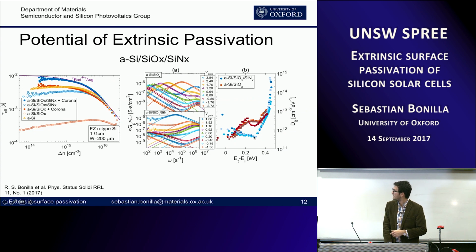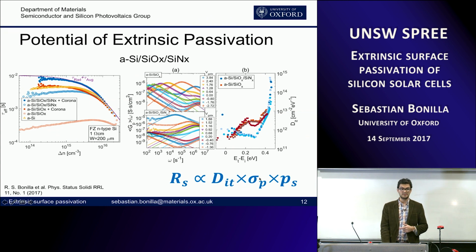This is about 3 or 4 times 10 to the 11 in the case of the amorphous silicon oxide and nitride, which is actually quite high given the fact that we got just about the best recombination velocity that we've ever observed on that material. Here we remember that the recombination rate is dependent both on the DIT and the ability of those states to capture electron-hole pairs.